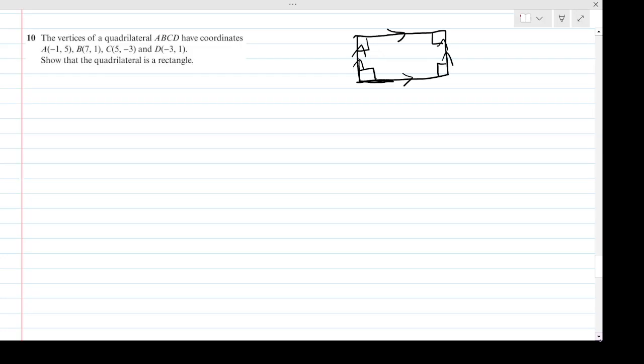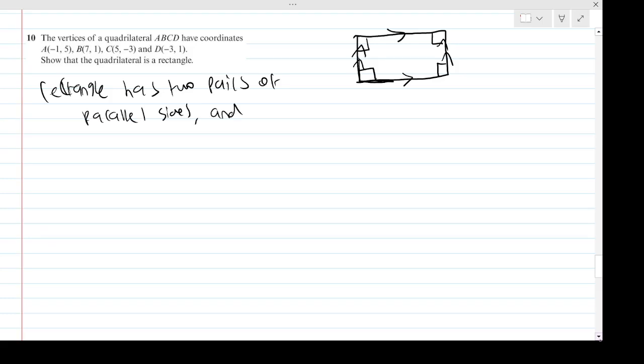So a rectangle, to summarise, has two pairs of parallel sides and each angle inside is a right angle or 90 degrees. Obviously you could call that an interior angle to be fancy, but yeah, every angle inside the shape has to be 90.